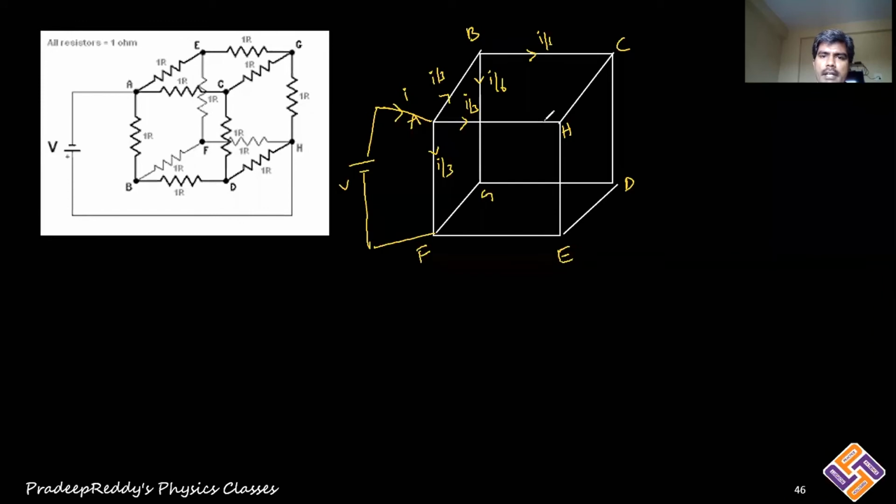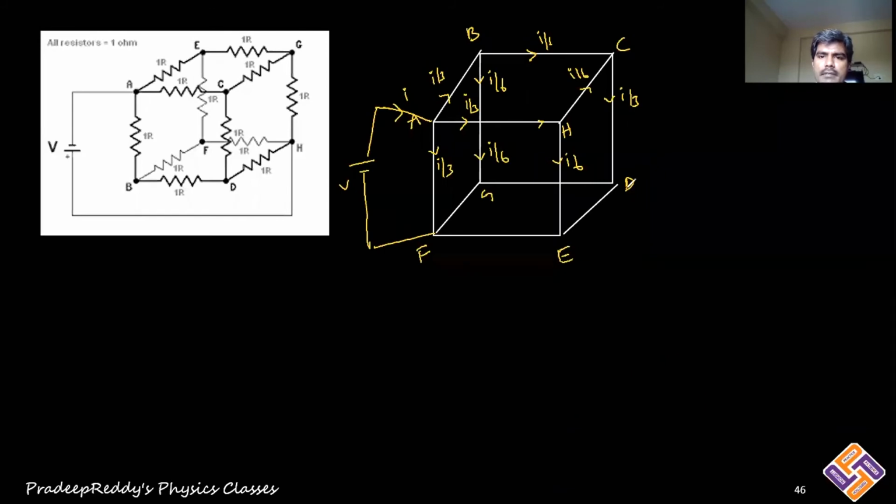From here it gets divided into 2 parts, I by 6 and I by 6. And I by 6 coming over here, and it becomes I by 3. I by 6 coming over here, and check it up. From this point, from D it is I by 6 coming.